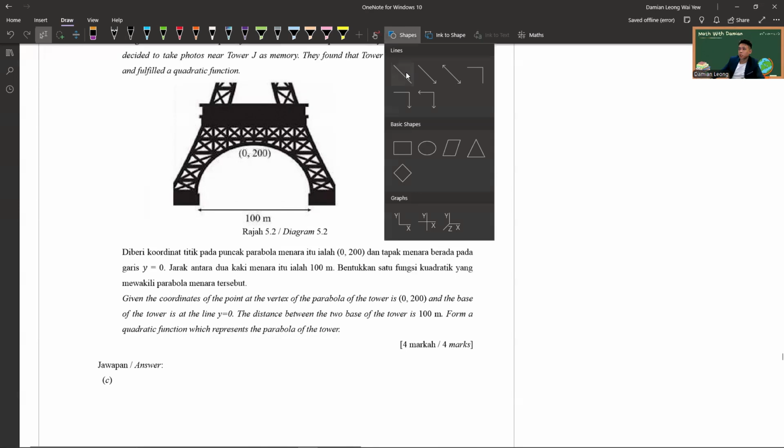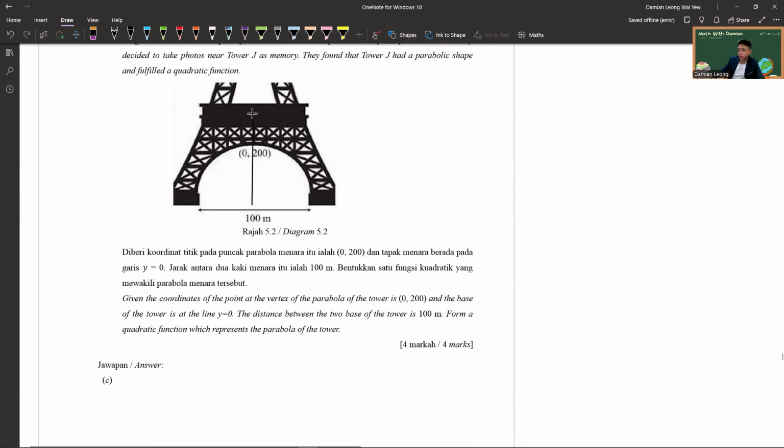So basically here is 0. At the middle here, x is 0. Means here would be 50 and negative 50.